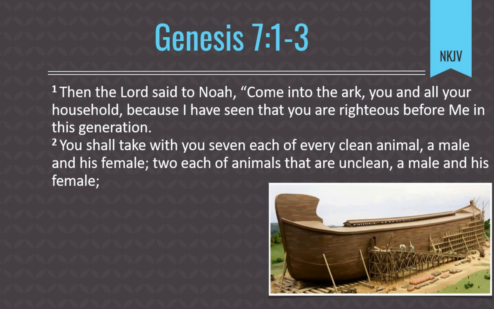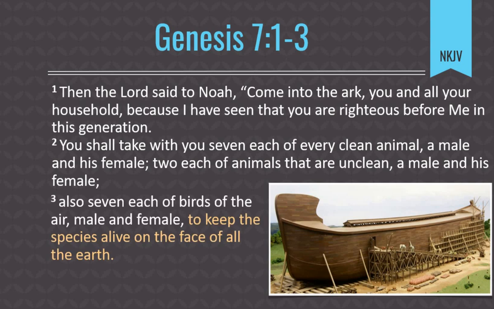Verses 1 through 3. "Then the Lord said to Noah, Come into the ark, you and all your household, because I have seen that you are righteous before me in this generation. You shall take with you seven of each clean animal, a male and his female, two each of animals that are unclean, a male and his female, and seven each of the birds of the air, male and female, to keep the species alive on the face of all the earth."